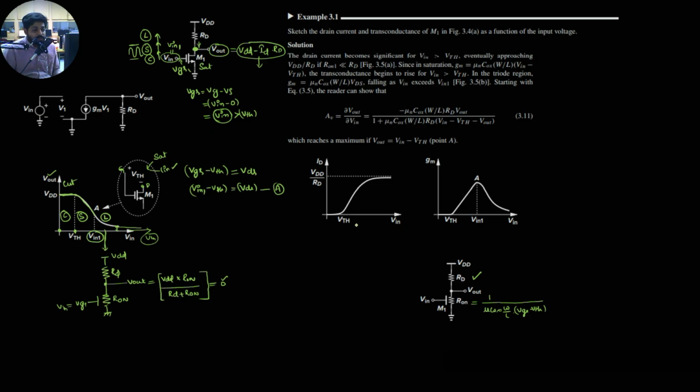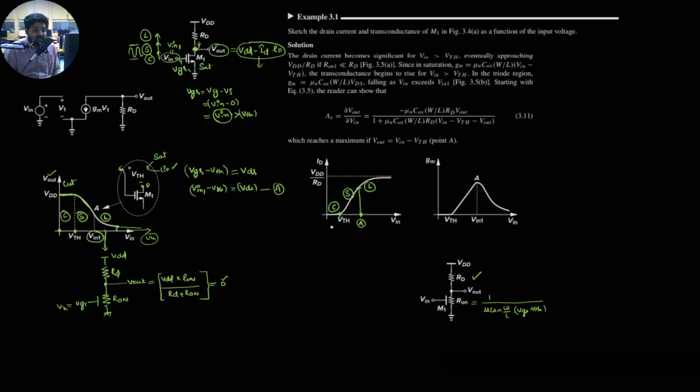Now as we see the V input change from the low level to the high level, it reaches different regions, from the cutoff to saturation, then linear. It will be happening in the same way. So up to VTH, it will be in the cutoff, and when you increase the V input from this point to A point, from this A point it is going to be saturation up to here, and then it will be going to the linear.